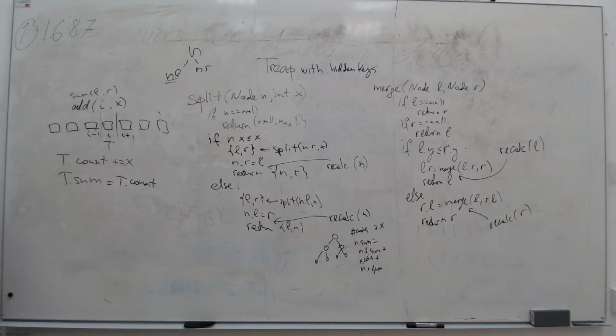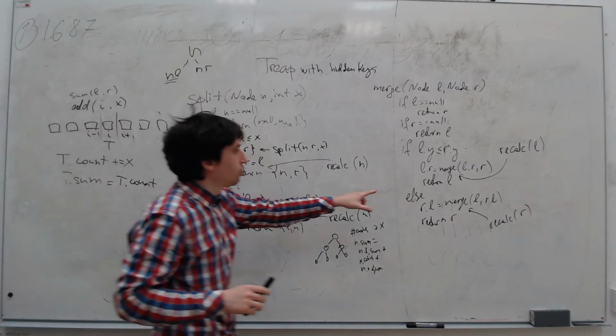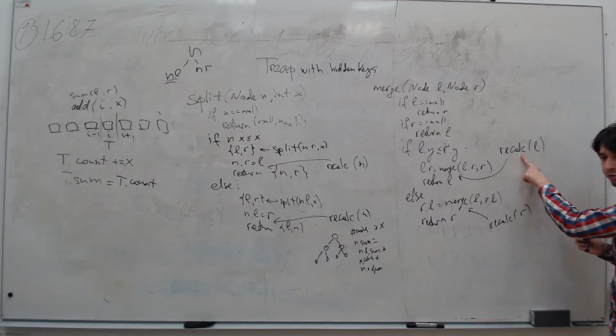Okay, we're coming to a much harder problem. And the upper nodes, the upper sums, will be recalculated during the merge, right? Yeah, because in merge you have the recalc function.